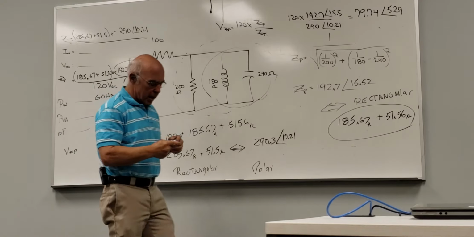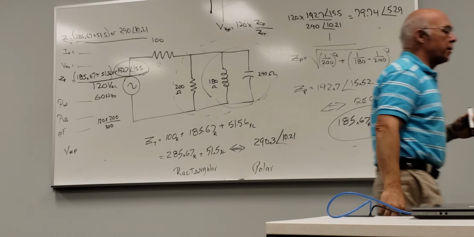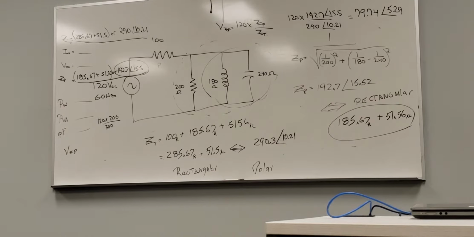If you do that, it should come out pretty close to 80 volts, because there's not much phase angle difference. So 120 times 200 divided by 300 equals 80 volts.